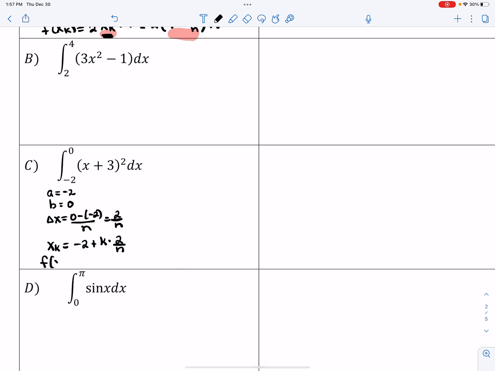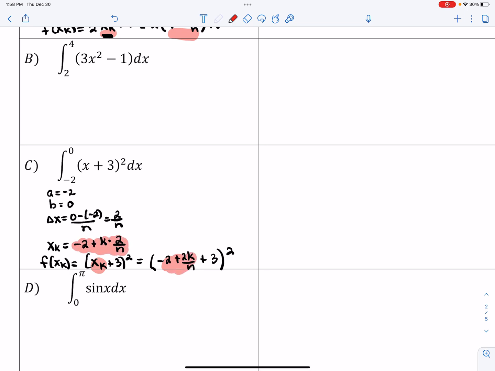So f of x sub k is just x sub k plus 3 squared. So that would give us negative 2 plus 2k over n, plus 3 squared, when we substitute this with this.